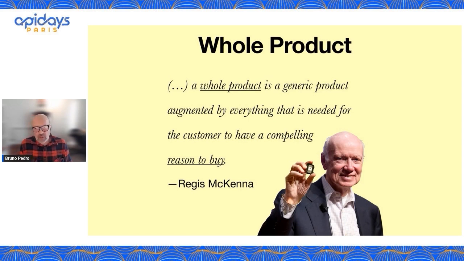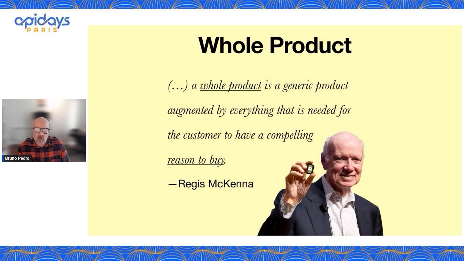In fact, he thought that Apple's computer itself was hard to sell at the time, because people were not able to see it as something that would help them, with their lives, getting their jobs done. So he came up with this concept of whole product, as opposed to the generic product that you buy.